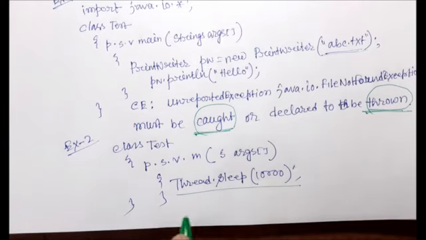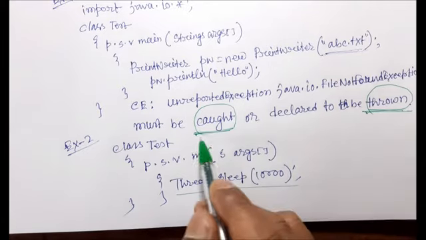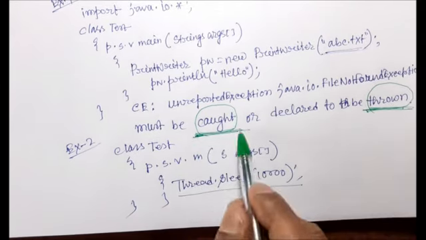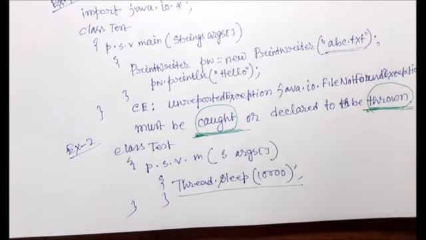What kind of exception may arise? InterruptedException. When the InterruptedException may arise, how do I handle it? I have not mentioned that in this code. So here we have seen two important words to keep in mind: one is caught, another is thrown. We can handle this compile time error in the following two ways.